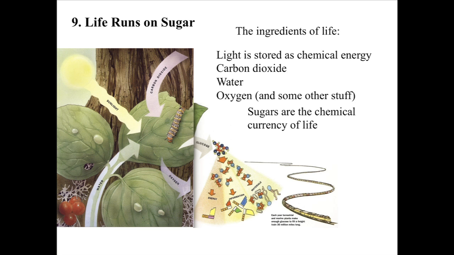Another hallmark of life on this planet is that it runs on sugar, and that sugars are made through photosynthesis. So that light is stored in chemical energy, using sunlight to capture carbon dioxide and attach it to a 5-carbon sugar to make a 6-carbon sugar we call glucose.